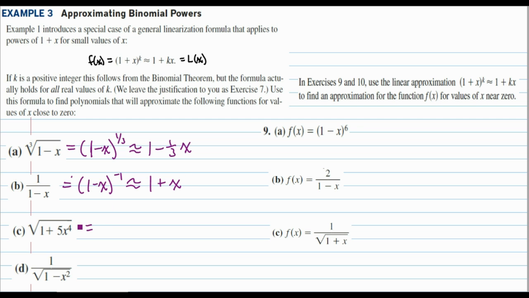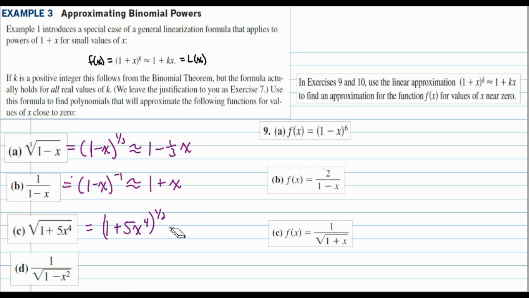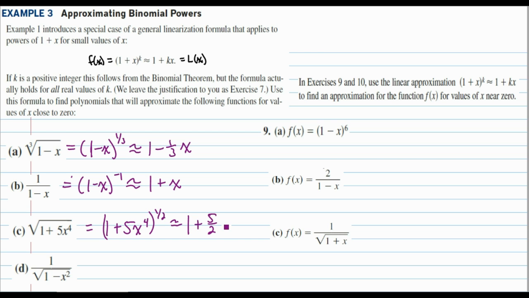C, this would be, let's see, 1 plus 5x to the 4th, then raised to the 1/2 power. So I can take this u and substitute it in for x. The coefficient is k, so then it would be approximated by 1 plus 5/2 x to the 4th.